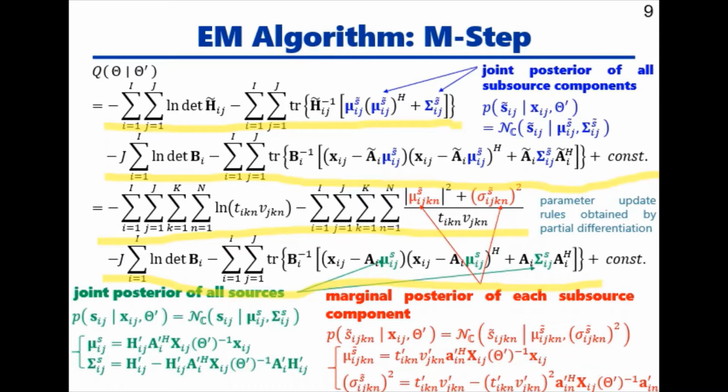Here, the red variables are the parameters of the marginal posterior of each subsource component S tilde. The green ones are those of the joint posterior of all sources S. In the E step, it is therefore sufficient to update red and green variables instead of the blue ones, which is computationally much more efficient.